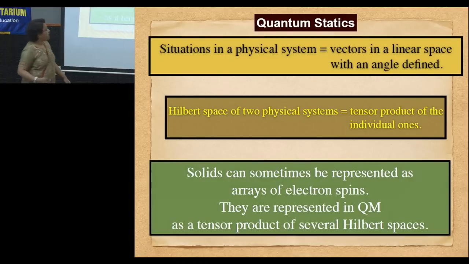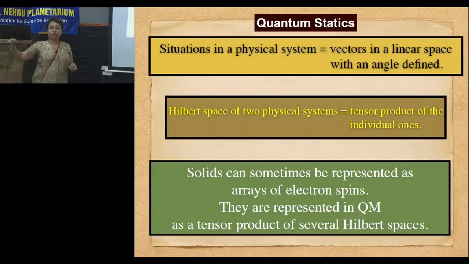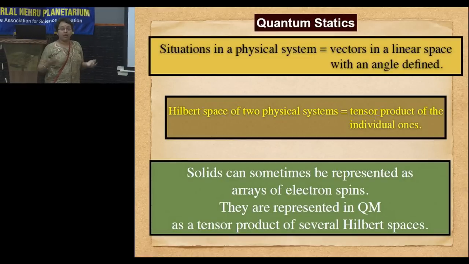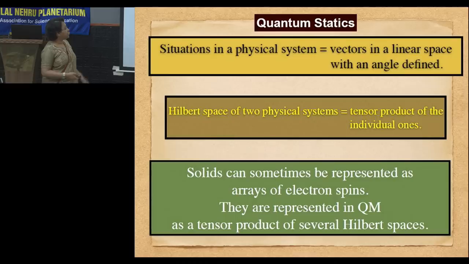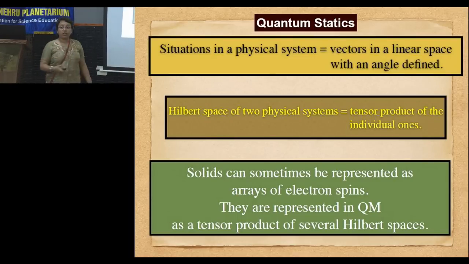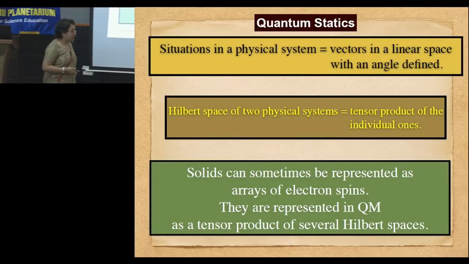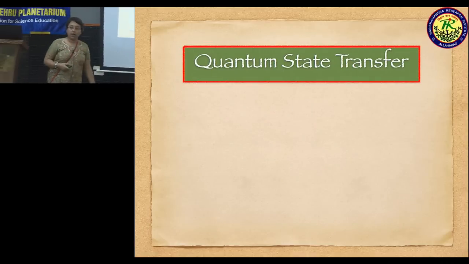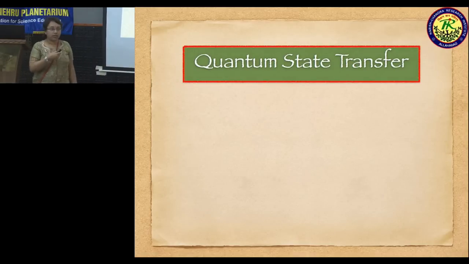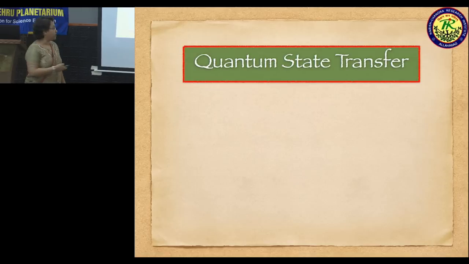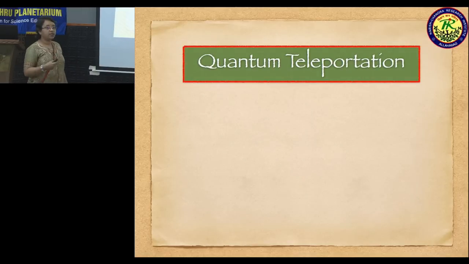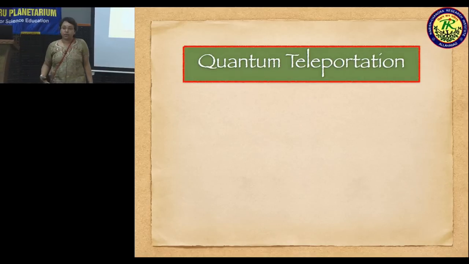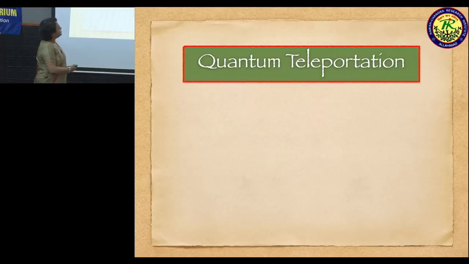For example, if I have arrays of electron spins, which is how we usually represent solids, then to represent arrays of electron spins, we have to consider a product of several Hilbert spaces. Now, with this in mind, we can consider the question of how we do quantum state transfer. And this is a quite well-known concept known as quantum teleportation.